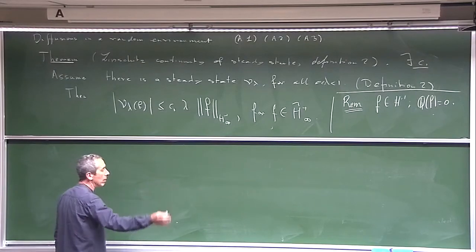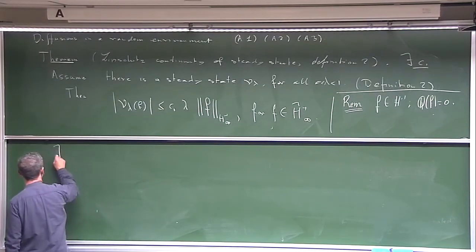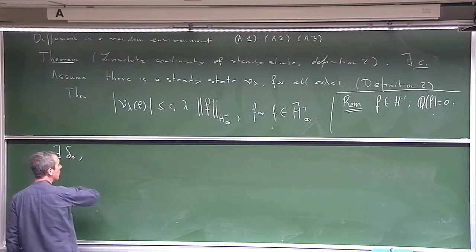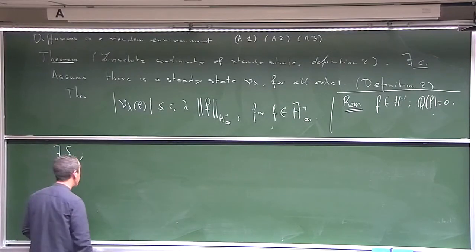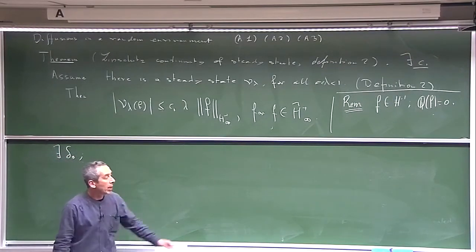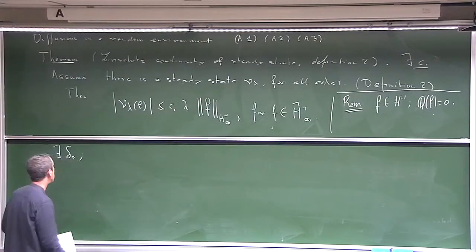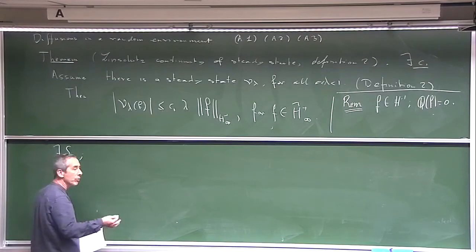So then there are 100 different ways to conclude, but for instance, you can do the following thing. There exists a delta 0, which in particular does not depend on omega and does not depend on lambda, such that if you look at that process, Z tilde, then by time 1, you stay in a ball of radius 1.